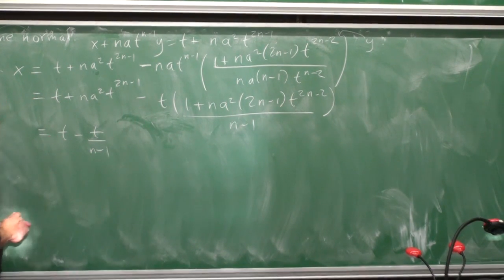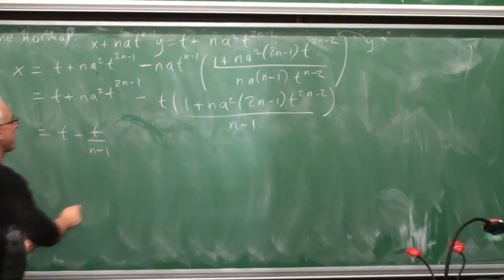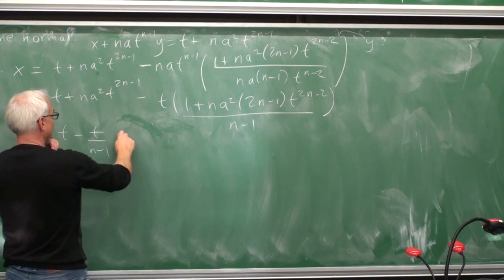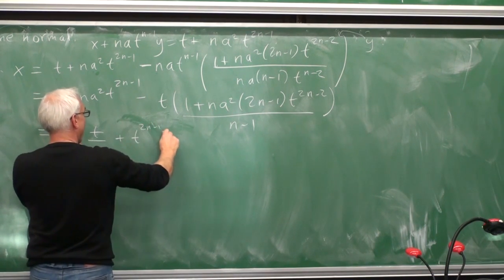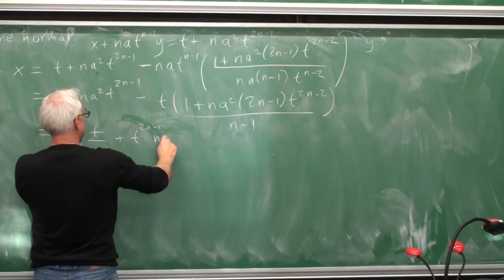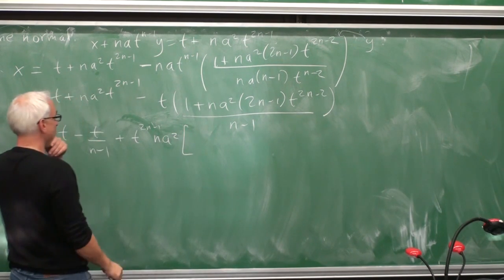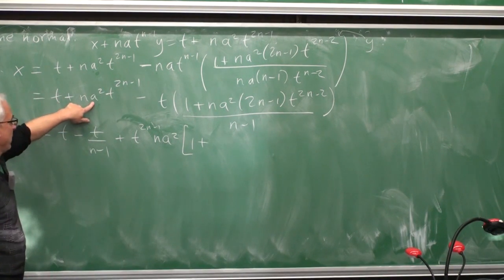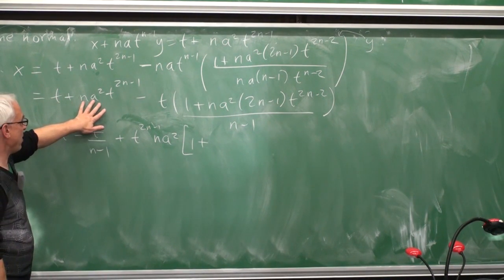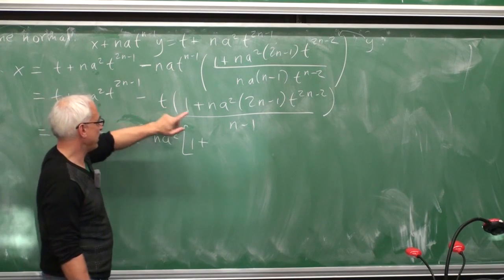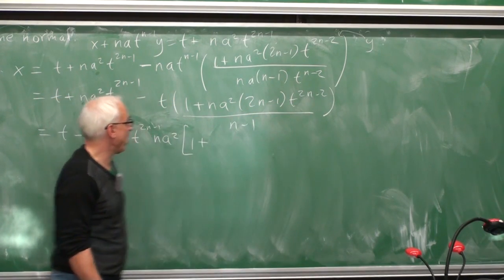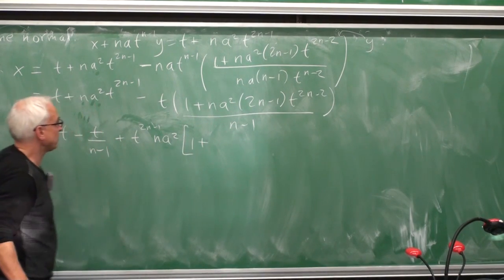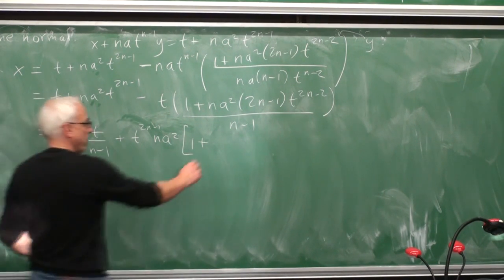So the first term. And then there'll be a certain number of, actually t to the 2n minus 1 times n times a squared times 1 from here. I'm just taking that factor out. And when I multiply this t here, I'm going to get t to the 2n minus 1. That's the same power of t. There's an n a squared. I'm going to pull that out. I think I have 2n minus 1 left.